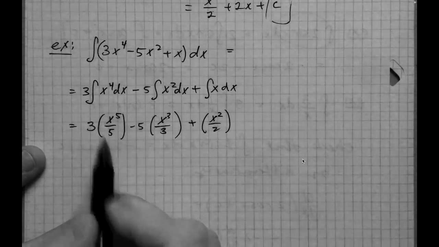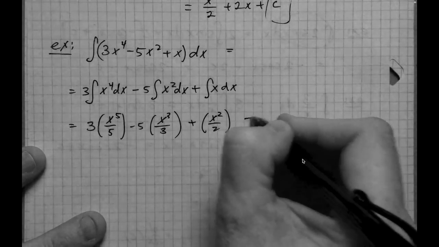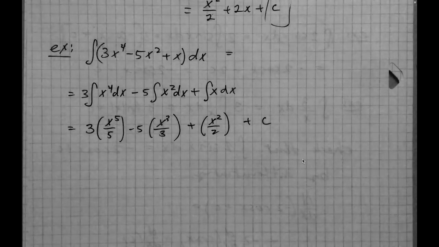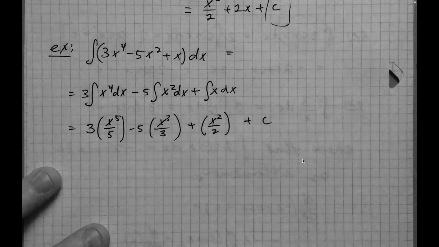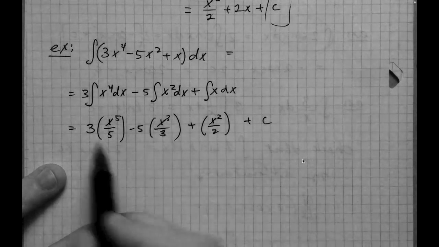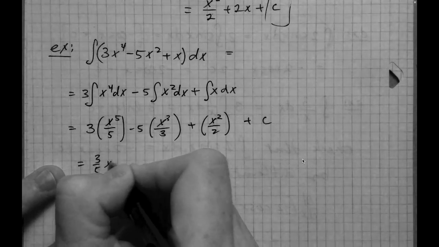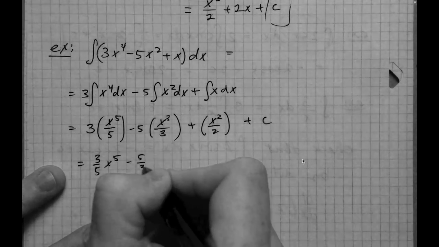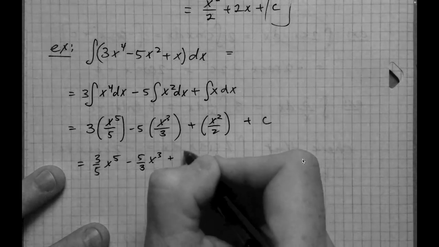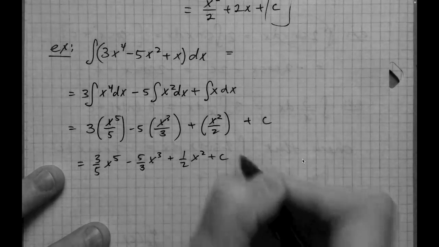And then you'd have a plus c on each. Just put the c on the end, that's okay. All right, and then of course you could simplify this down, well, actually not really. So this would be 3/5 x to the fifth minus 5/3 x cubed plus 1/2 x squared plus c.